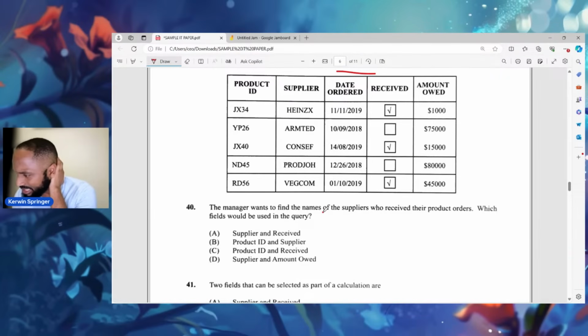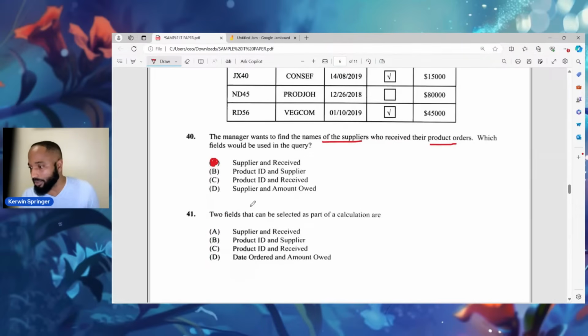They want to find the names of the suppliers who receive their product orders. Okay, so supply and receive. Is it as obvious as it seems? Because you need the supply and you need the receive.